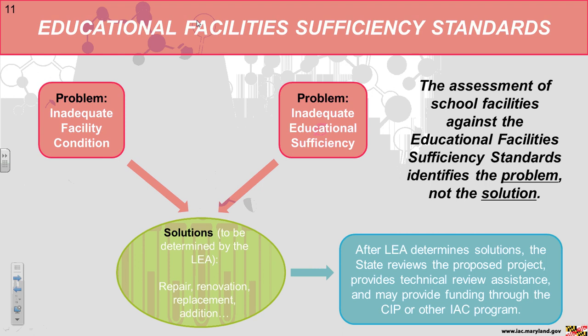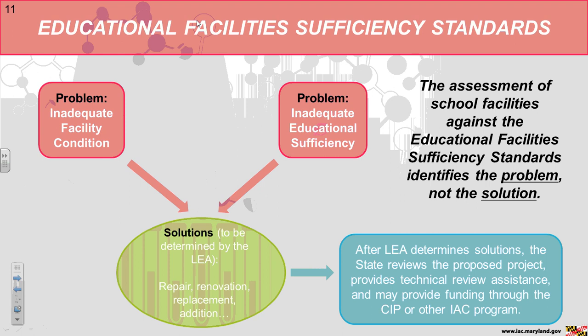Assessing school facilities against the sufficiency standards only identifies problems that should be addressed because they are likely to reduce the ability of the facility to support its intended purpose, and that is supporting the delivery of education.